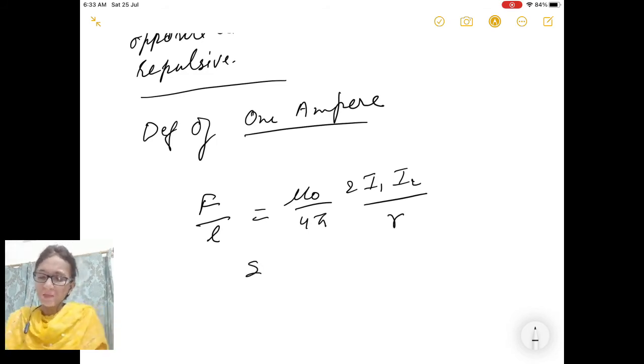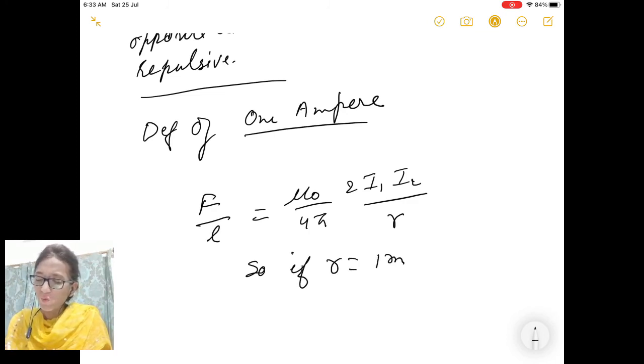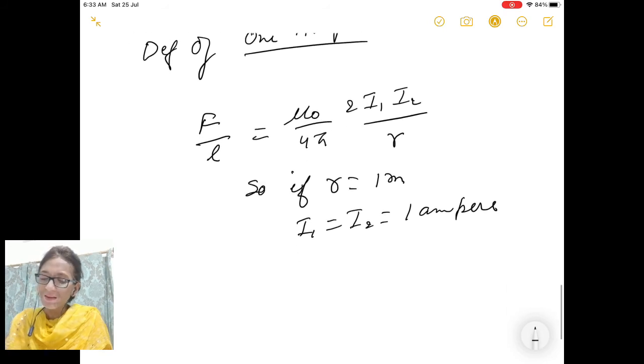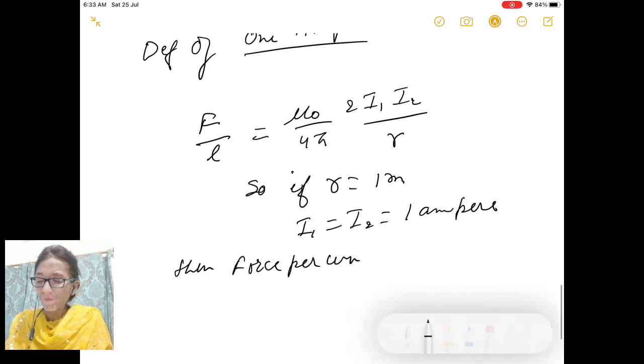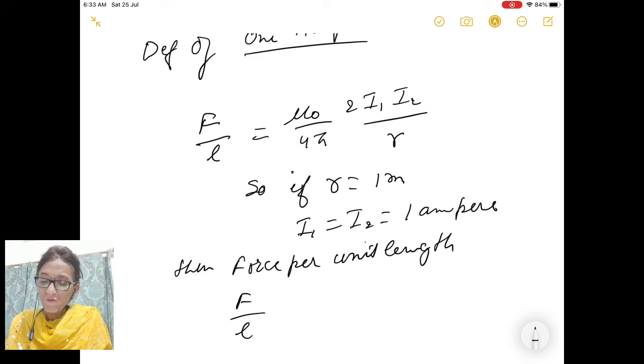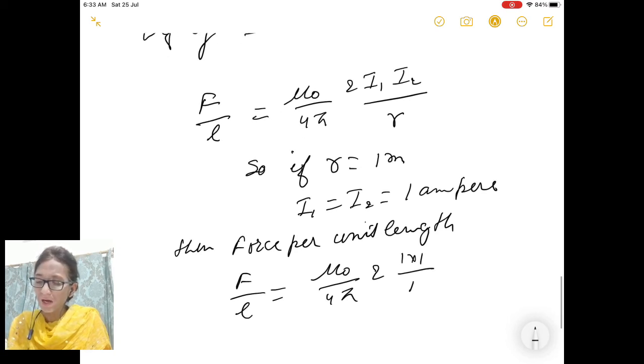So if you take r equal to 1 meter, and I1 equal to I2 equal to 1 ampere, then force per unit length F upon L comes equal to mu naught upon 4 pi 2, 1 into 1 by 1.